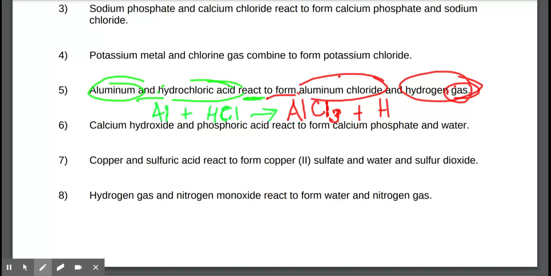Sometimes it doesn't. Sometimes there are problems that would just say aluminum and hydrochloric acid react to form aluminum chloride and hydrogen, with no gas at the end of it.